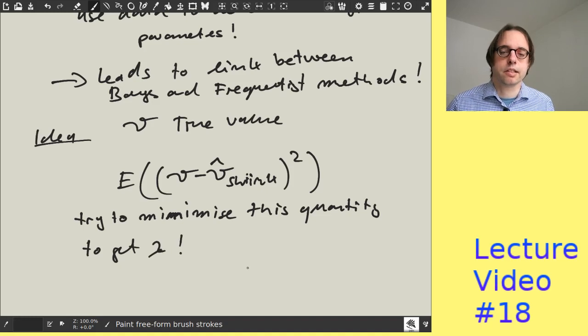That sounds weird, but it turns out that it's actually possible. It sounds weird because we don't know theta, so this is unknown.